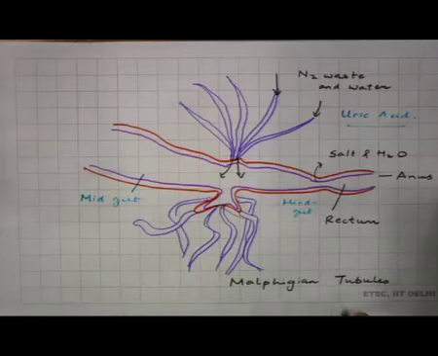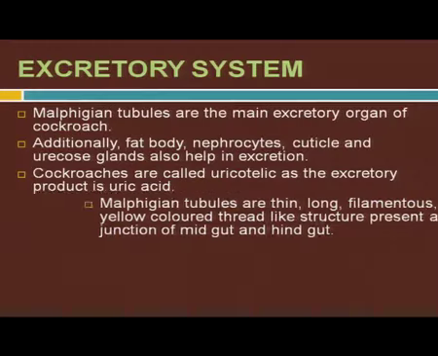The fishes are ammonotelic because ammonia is highly poisonous, but it is soluble in water. The reptiles, some insects and birds are uricotelic, and mammals are usually ureotelic, for example humans. So, what about cockroach? Cockroach is a uricotelic organism because the excretory product is uric acid.